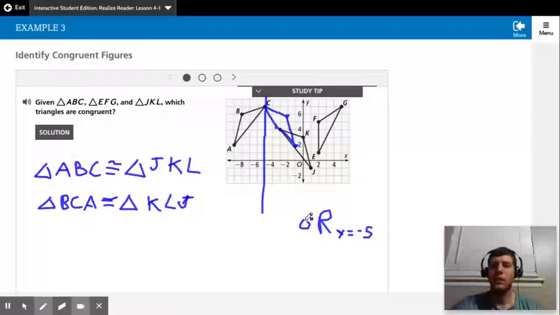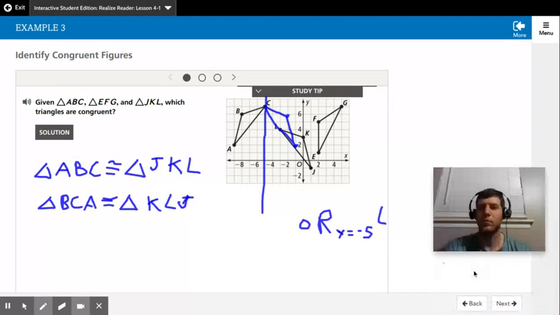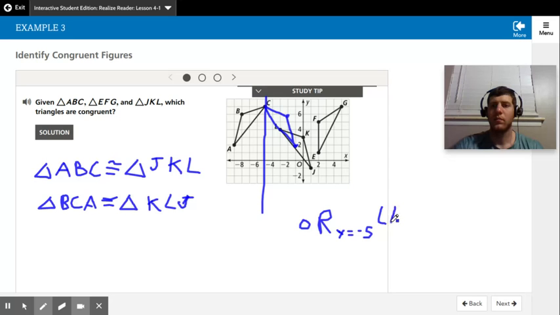And then we're taking that reflection. So we're reflecting triangle ABC over the line x equals -5. And then we're simply going to translate that.